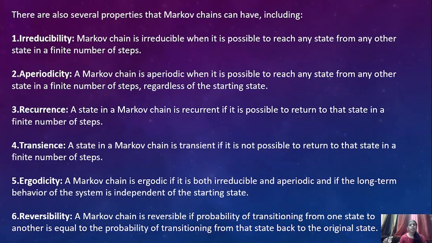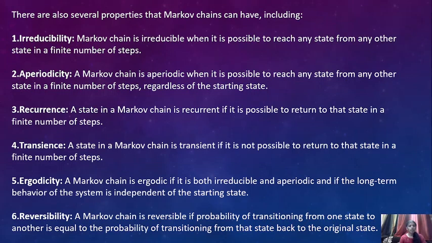There are also several properties that Markov chains can have, including irreducibility. A Markov chain is irreducible when it is possible to reach any state from any other state in a finite number of steps. Aperiodicity. A Markov chain is aperiodic when it is possible to reach any state from any other state in a finite number of steps, regardless of the starting state.